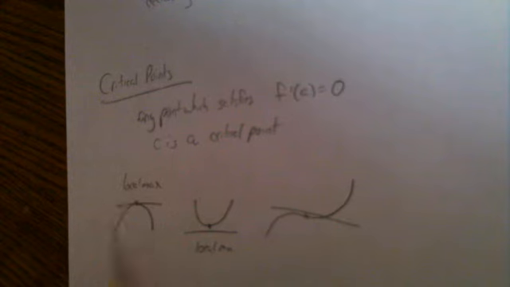So it's any point where the tangent line is horizontal, where the slope is 0 at that specific point. So this here would be called a local max. This here would be called a local min, and we'll wait to describe that point. But for now, local max and local min.